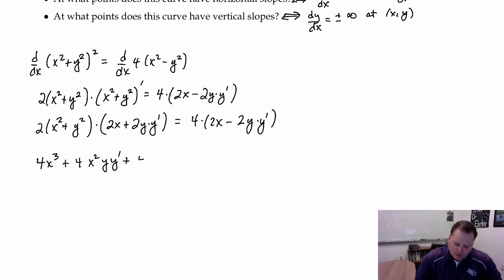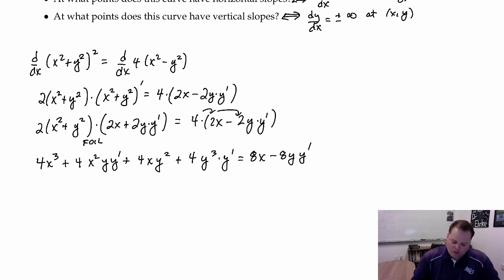So you're going to get 4xy squared plus 4y cubed times y prime. So if we FOIL out these terms, that's what we'll get. And on the right-hand side, we'll distribute the 4. So you're going to get 4 times 2x is 8x. 4 times negative 2 is negative 8y prime.